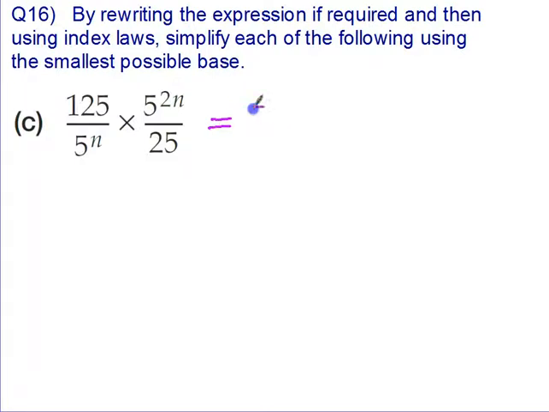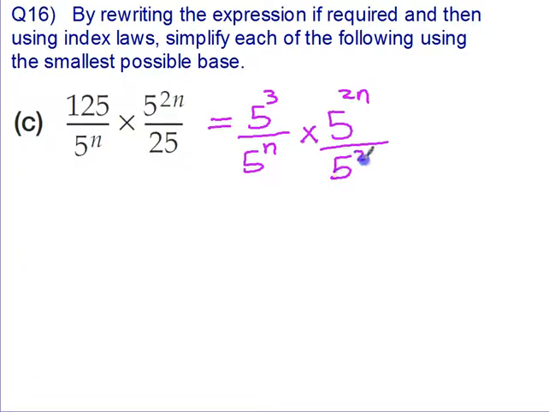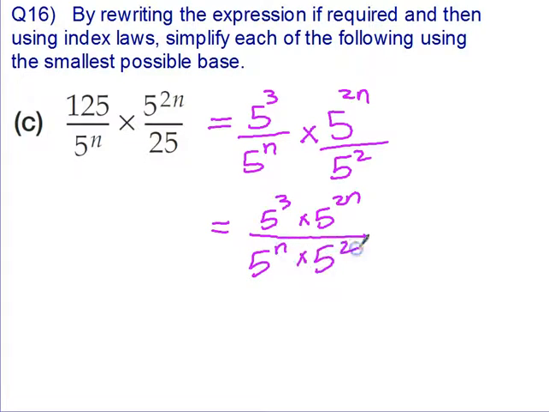So 125 is 5 to the power of 3 over 5 to the power of n times 5 to the power of 2n over 5 to the power of 2 equals, okay, let's write that as a single fraction. 5 cubed times 5 to the 2n over 5 to the n times 5 squared.